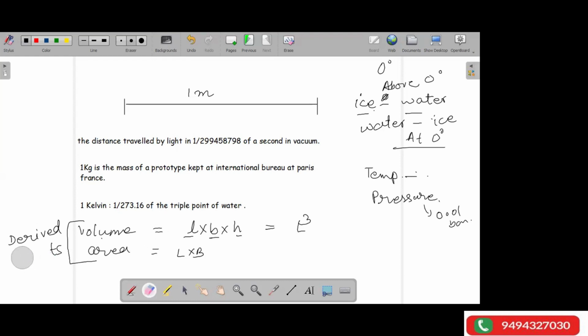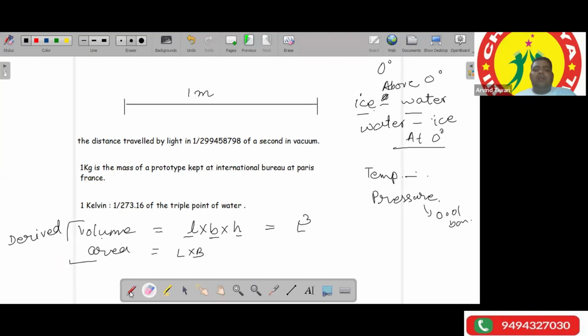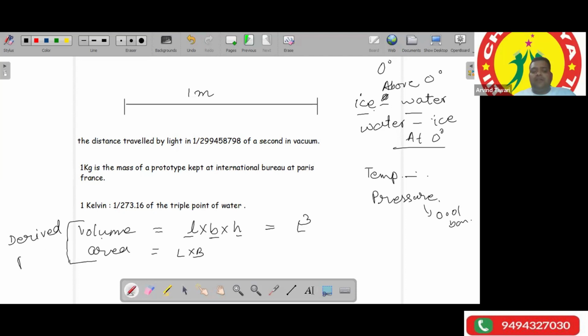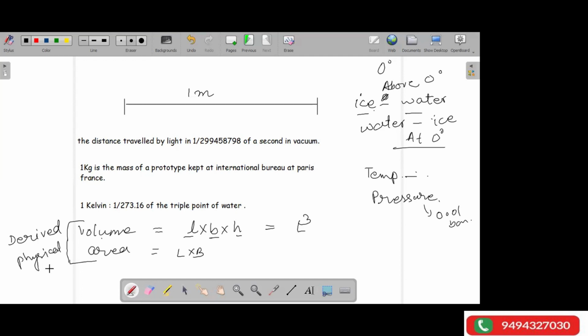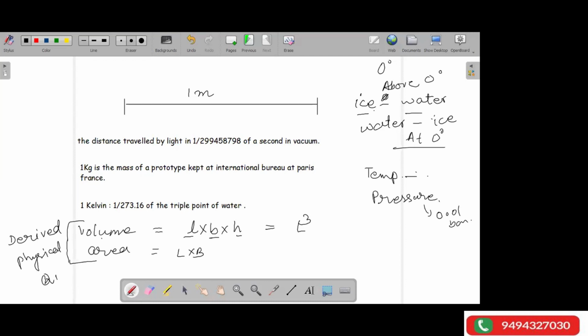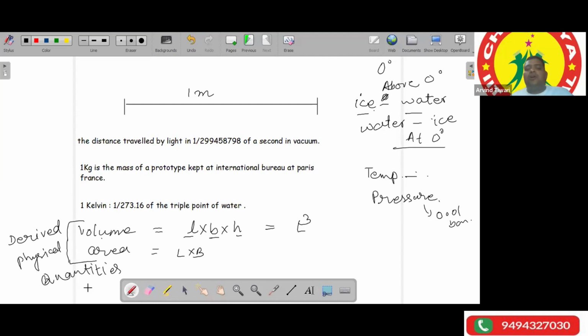The quantities which cannot be defined in any other terms are the fundamental quantities. So these are derived physical quantities. Definition again: derived physical quantities are the quantities which can be expressed in terms of fundamental quantities.